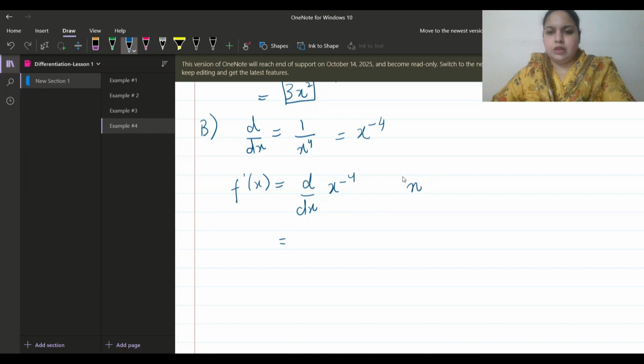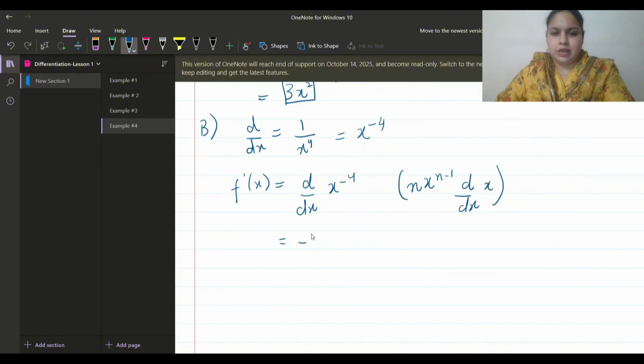The power rule is n x to the power n minus 1, d upon dx of x, and this d upon dx of x is already 1. So it is minus 4x to the power minus 5.